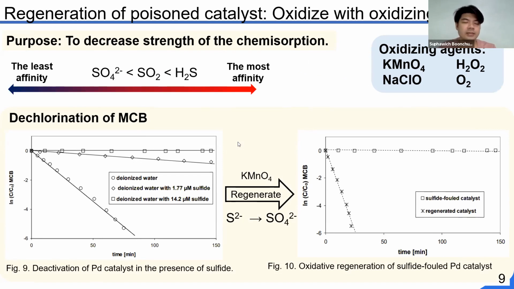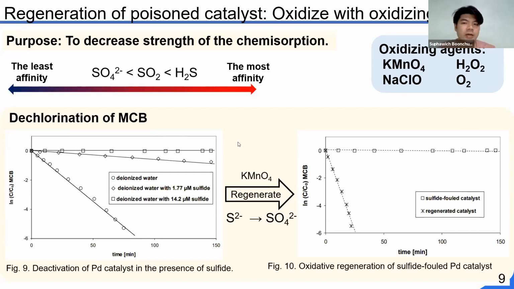That can imply that the presence of oxygen can reduce the strength of the bond with the active site, so adding an oxidizing agent to oxidize the sulfur compound makes the poison dissolve easier.